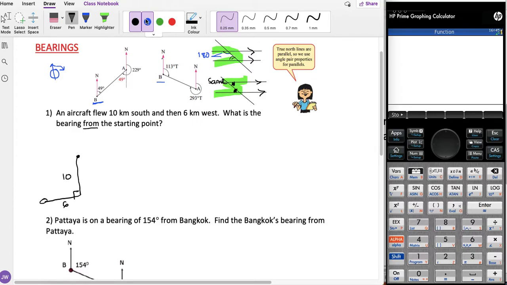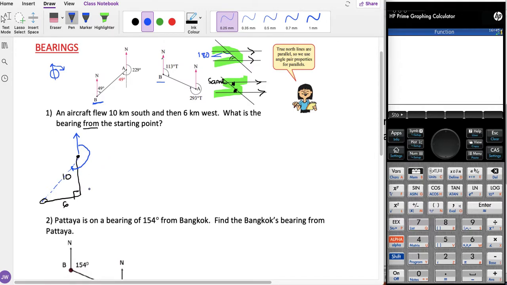So from the start, draw a north line, and then go clockwise until we hit a line that the airplane is on.